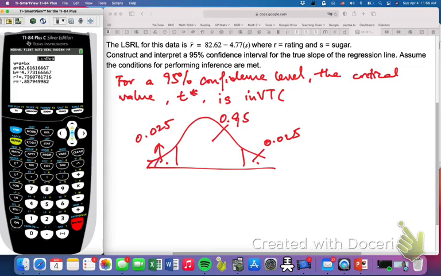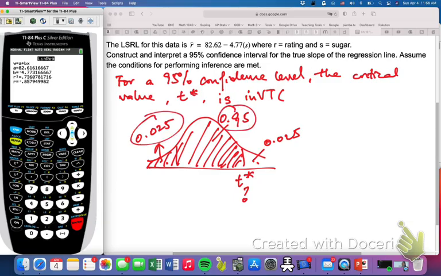Inverse T takes the area to the left, so we add this and this together, which is 0.975, and the degrees of freedom is 8.